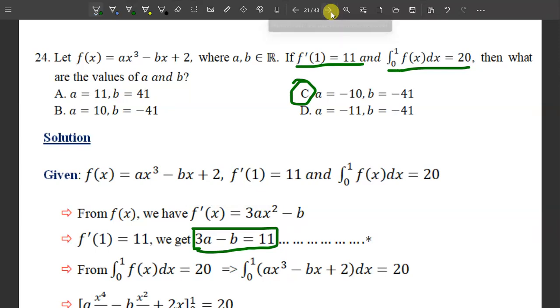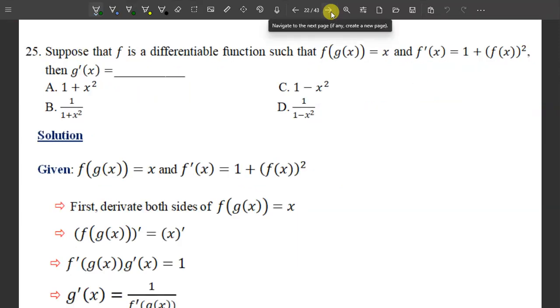Now, let us see question number 25. It says, suppose that f is a differentiable function such that f of g of x is equal to x and f prime of x is equal to 1 plus f of x squared.